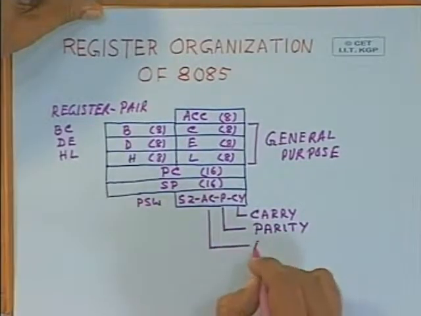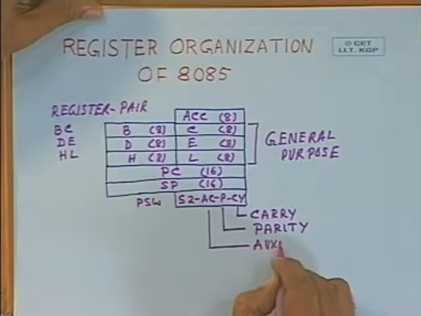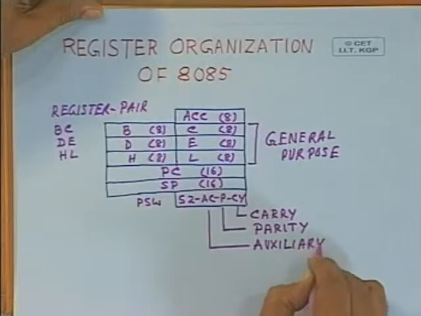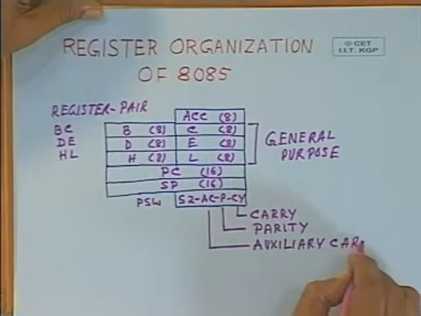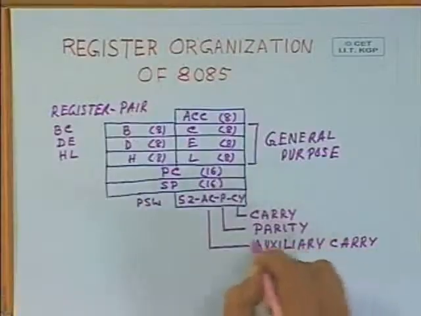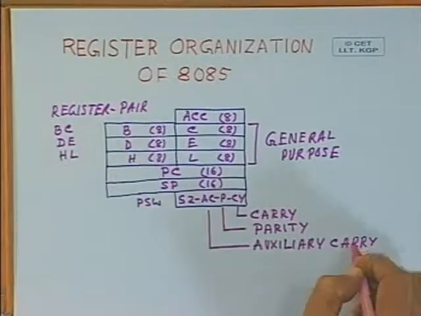AC, this is your auxiliary carry. Sometimes you have to implement processing of 4-bit data. So carry coming out from the fourth bit, that means 0, 1, 2 and 3. From that bit, whether carry is coming out or not, that is reflected in this auxiliary carry flag bit.